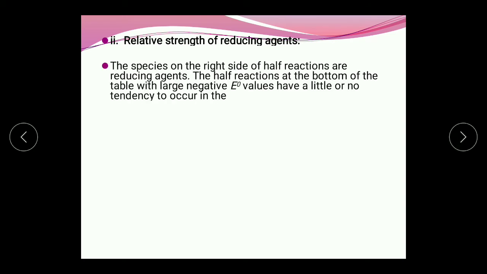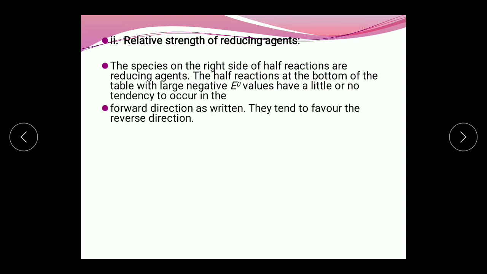Hence, the species on the right side of the half reactions are reducing agents. The half reactions at the bottom of the table with large negative E0 value have little or no tendency to occur in the forward direction. They tend to favor the reverse reaction.